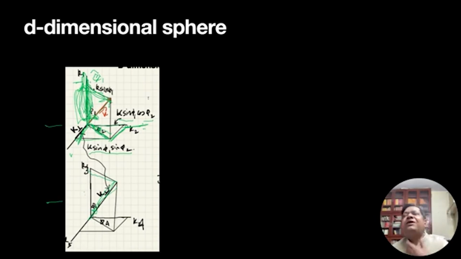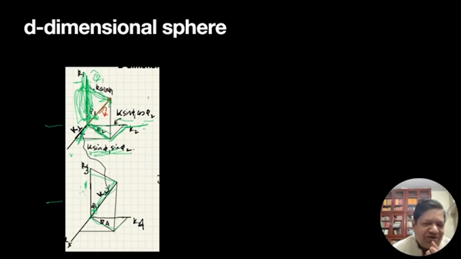So here it will be k sine phi 1 sine phi 2 cos phi 3. Now this is the projection on the k4, k5 plane, which is going to be sin phi 3.